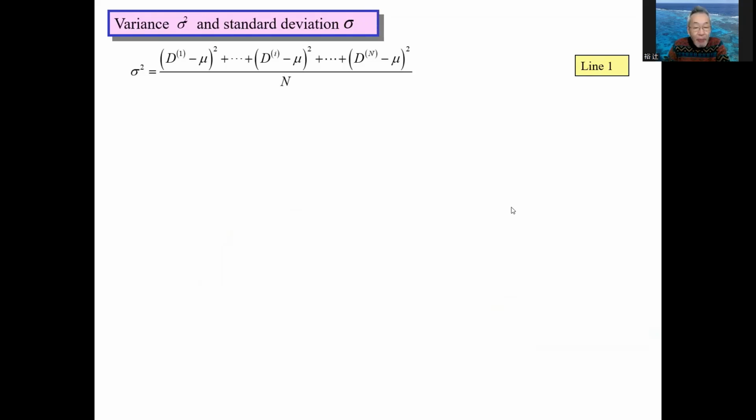You probably learned in high school math that the standard deviation sigma is used to describe the degree of data spread. The sigma squared is called the variance. The variance is defined on the first line. The symbol D with superscript number in parentheses is the size of an individual particle.